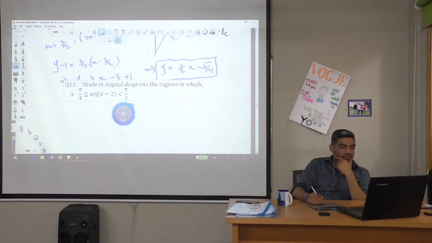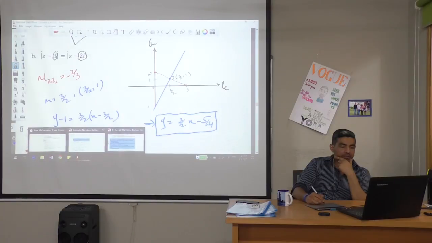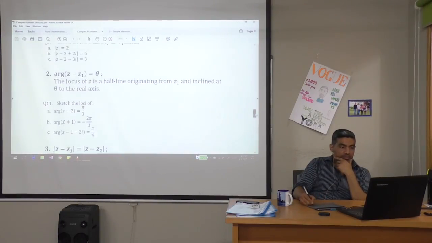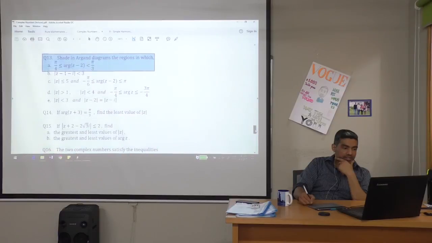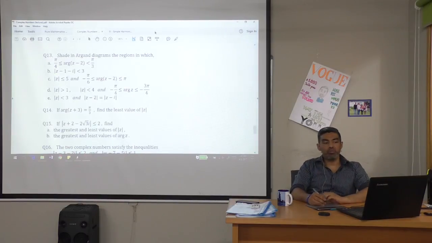See all these loci that we did. Notice something, they were all equations. Question 12, question 11, as well as question 10, these are all equations. These, on the other hand, are all inequalities. So if you are asked to sketch an inequality on an Argand diagram, it will not be just a line, it's going to be an area.